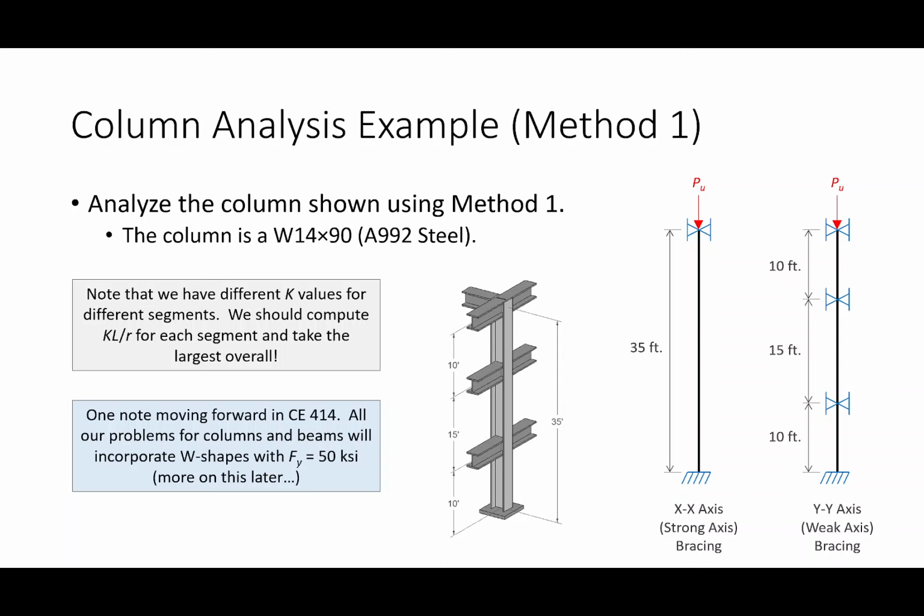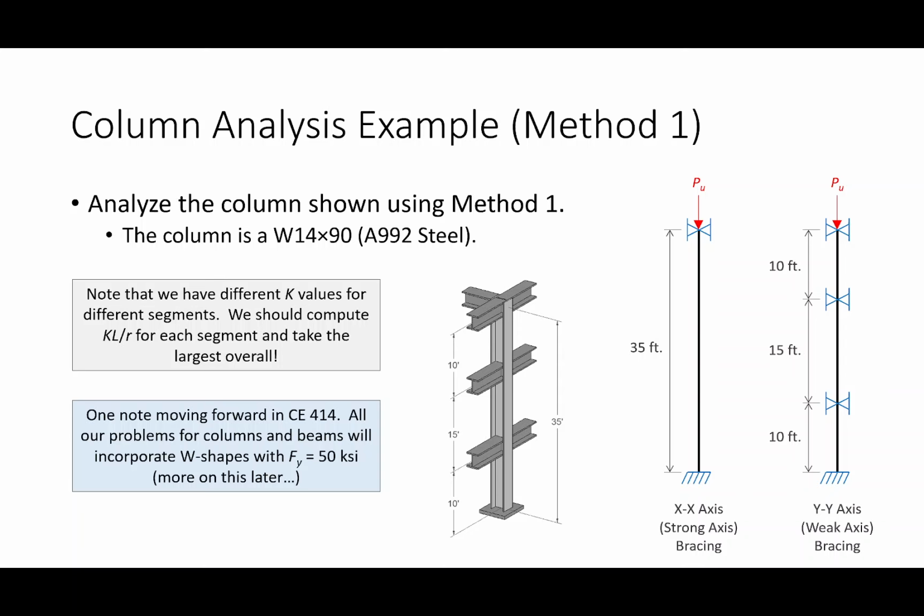And so I want to demonstrate this method on this particular column. What I've done here is I've drawn its bracing configuration right here, and we're going to calculate the capacity of this column. We're going to assume for the sake of discussion that the column is a W14 by 90 made out of A992 steel.